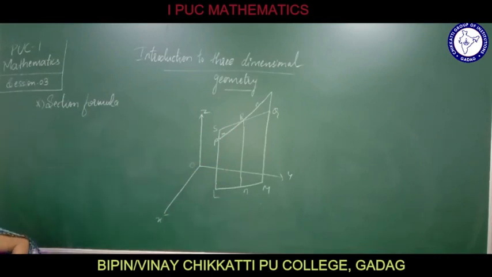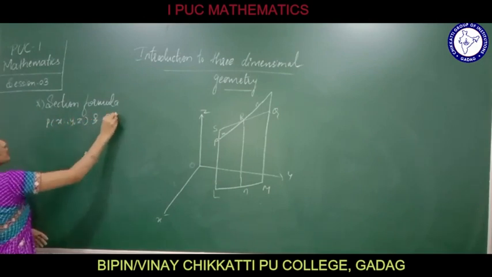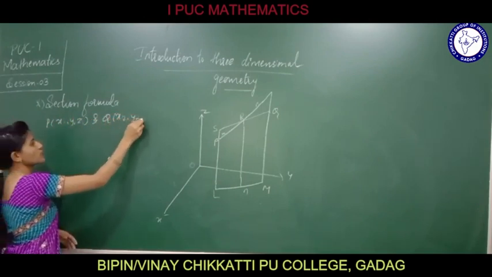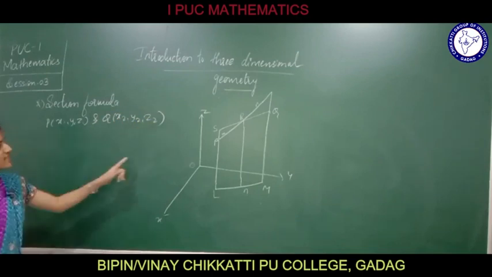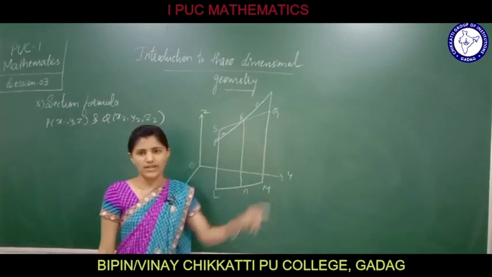Now let us consider two given points, P of x1, y1, z1 and Q of x2, y2, z2.